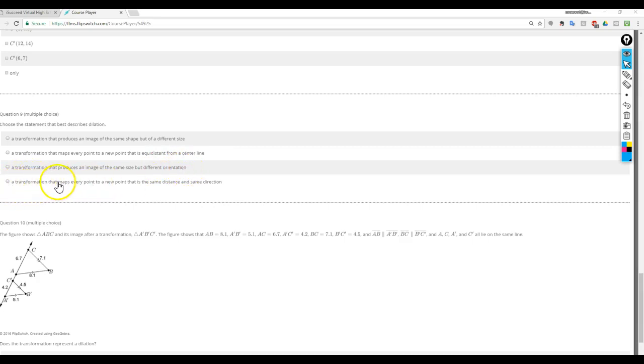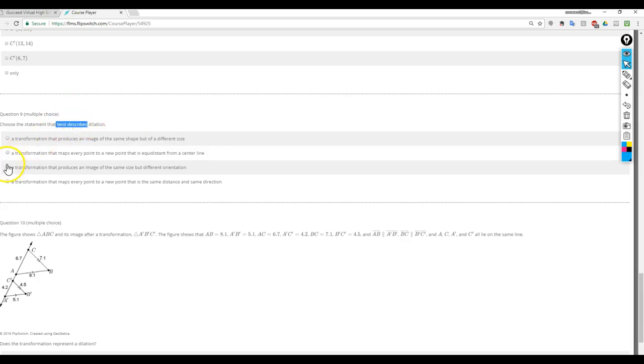A transformation that maps every point to a new point that is the same distance and same direction. Okay, dilation means it becomes bigger or smaller. So a transformation that produces an image of the same shape but of a different size is a good description of a dilation, but isn't the best description.